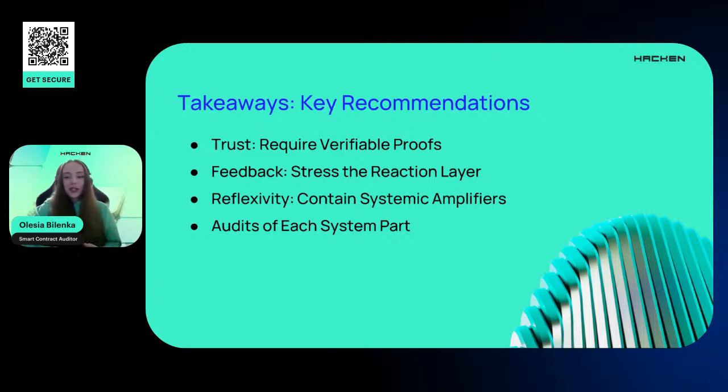And for sure, each technical layer should be audited: the smart contracts part, the off-chain part, all of them, as well as reserves. And with that, I will stop here and hand it over to my colleague Dmitro, who will continue with the second part.